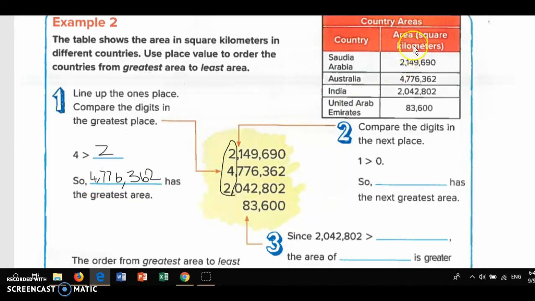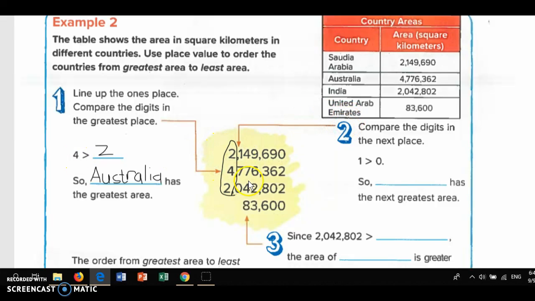So you can put that in there. Australia has the greatest area.